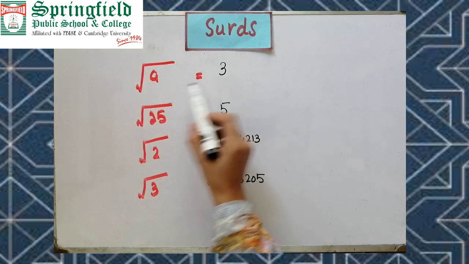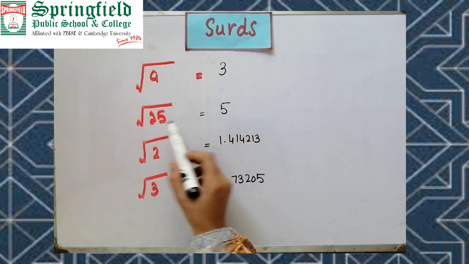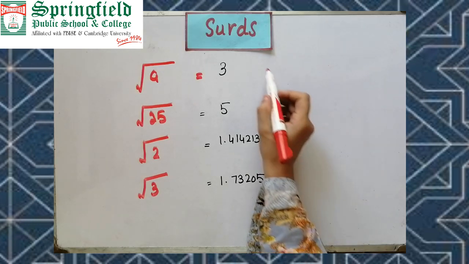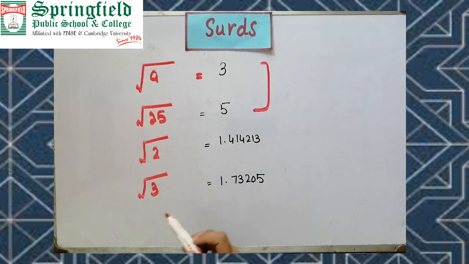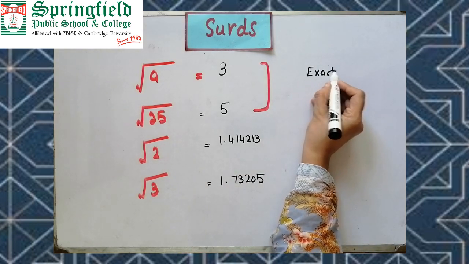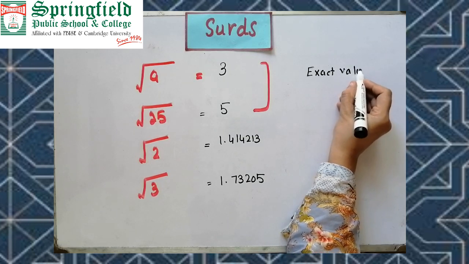So look here, the square root of 9 and 25 give us an exact value, an exact answer.